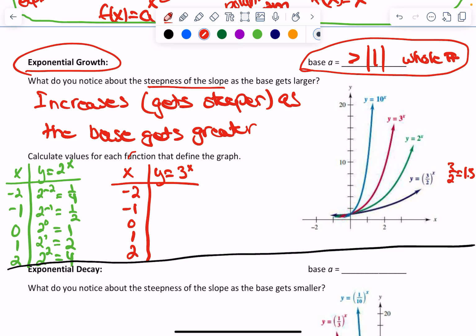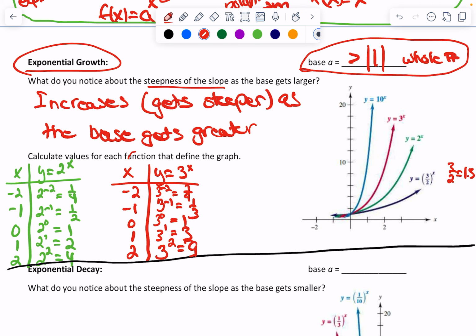And again, it's easier to start with the positive exponents. So 3 to the power of 2 is 9. 3 to the power of 1 is 3. 3 to the power of 0 is 1. And now we're going to start taking the reciprocal of what we already calculated. So 3 to the power of -1 is going to be 1/3. And 3 to the power of -2 is going to be 1/9.